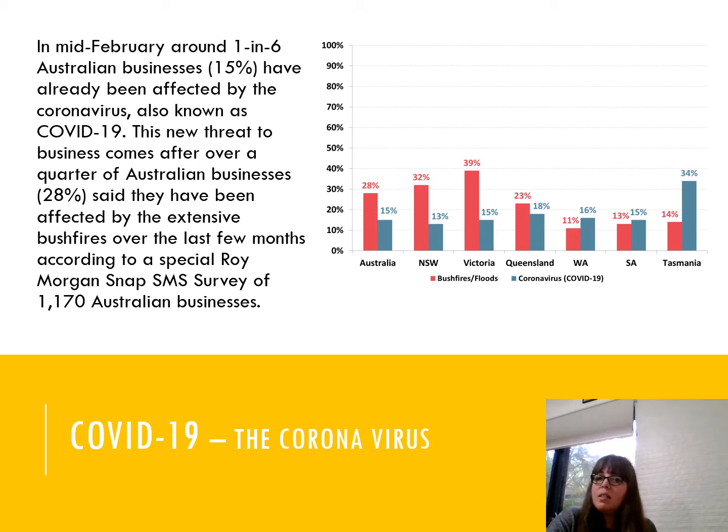It really is having an effect on all aspects of business. So it's something that we need to keep in the forefront of our minds and think about how it is affecting business. Every single one of you can probably already off the top of your head think of a business that has been affected by this particular issue, and you should be able to talk about it a little bit.